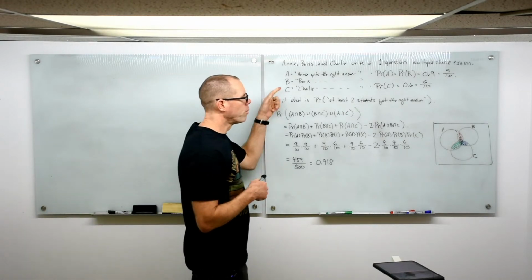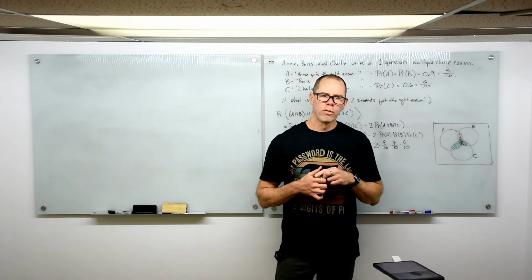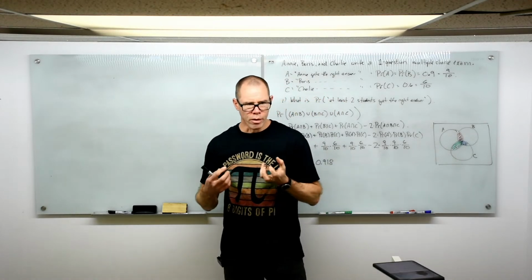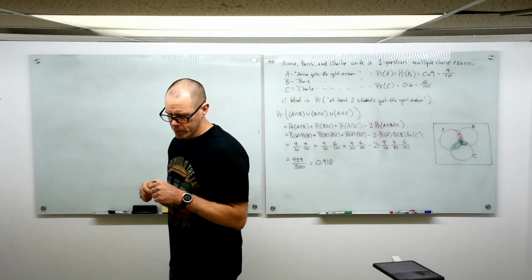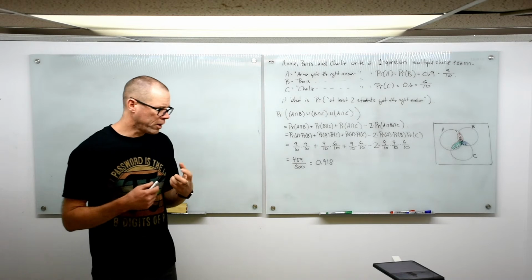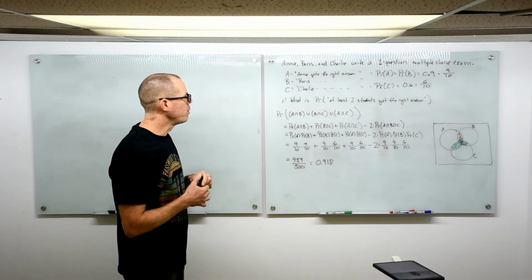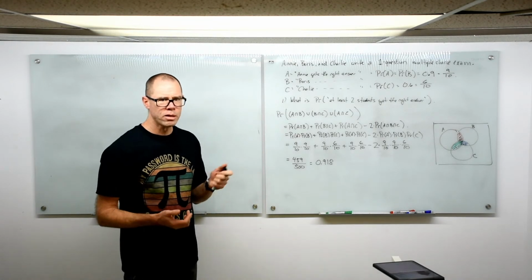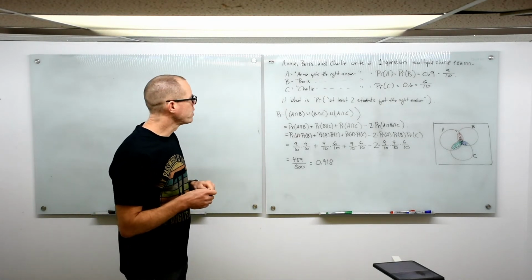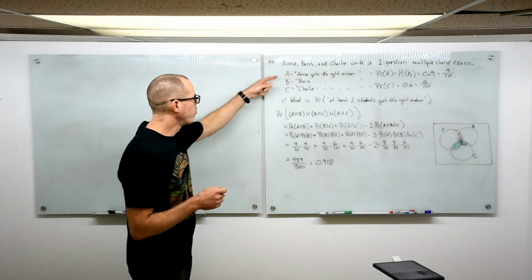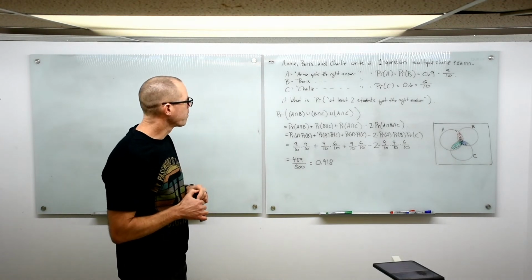So Annie and Boris have no incentive to cheat off of each other, because if Annie copies off Boris, that won't increase her chances of getting the correct answer. And same thing if Boris copies off Annie.